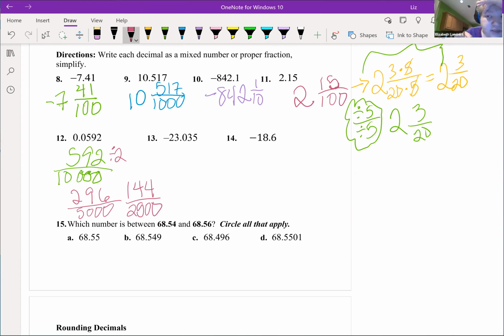So there's a single 4 in the bottom and a single 4 in the top that can come out of them both. So now I'm going to be dividing by 4.